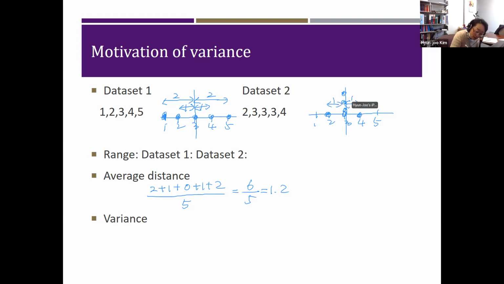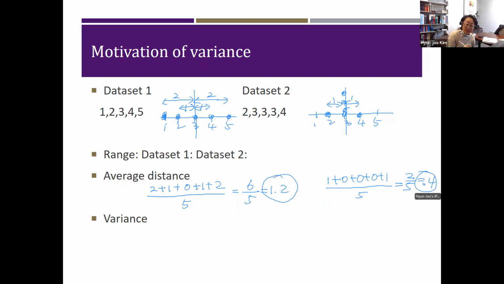So you can calculate 1 plus 0 plus 0 plus 0 plus 1 divided by 5, which is 2 over 5, which is 0.4. Okay. So this is one measure that you can use to compare the dispersion of the two data sets. 1.2 is larger than 0.4, so data set 1 with 1.2 is more spread out. Your data set is farther away from the center compared to data set 2.